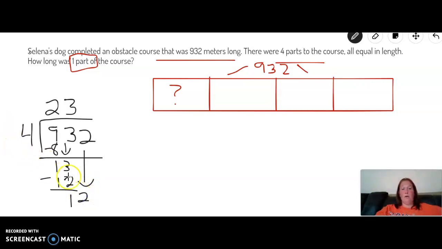Okay. Oh, look at perfect. How many times does 4 go into 12? We know the fact 4 times 3 equals 12. So it was in 3 times. Okay. 12 minus 12 is 0. We are done. Our quotient is 233. So we know we can answer our question.